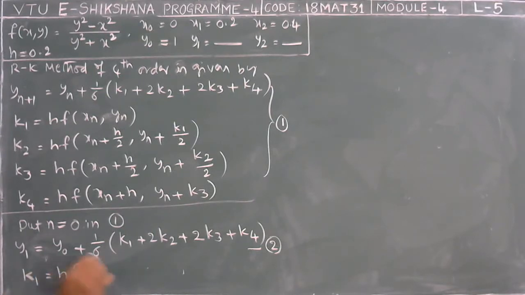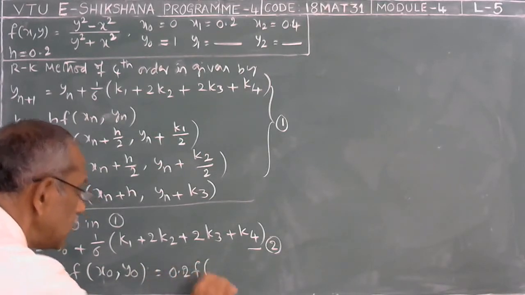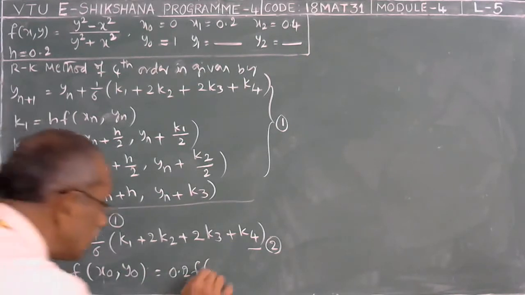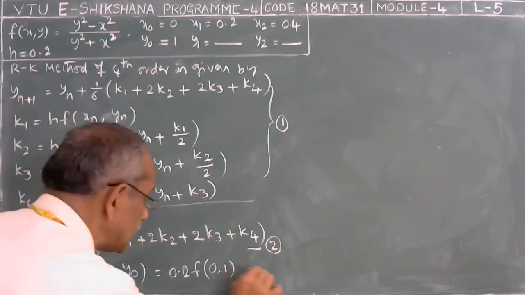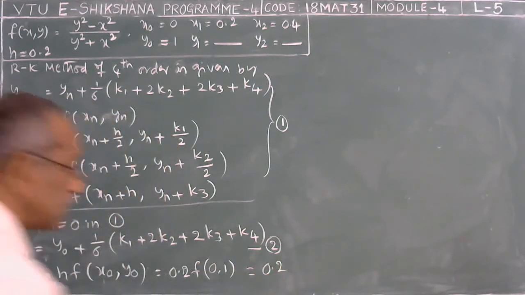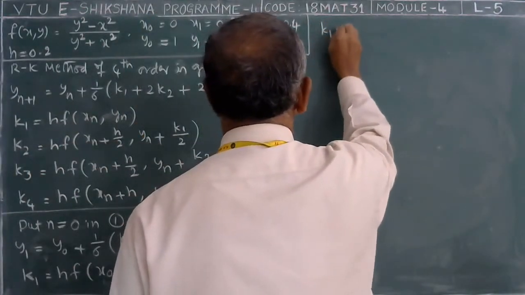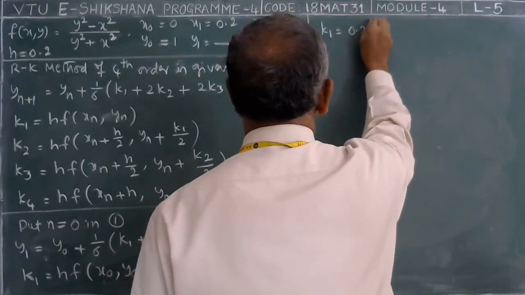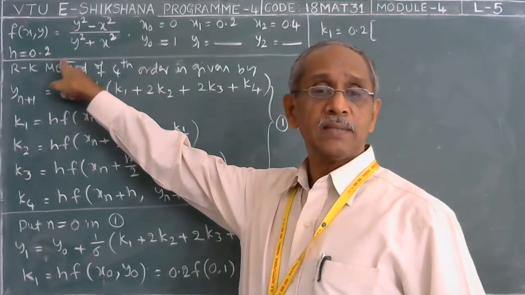k1 is h into f of x0, y0, when n is 0. So h is 0.2 into f of x0 is 0, y0 is 1, that is f of 0, 1. By definition, k1 is 0.2 into (y square minus x square) divided by (y square plus x square).